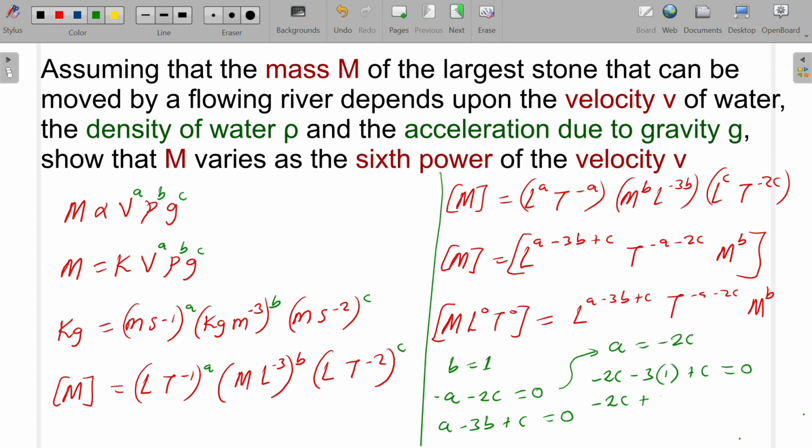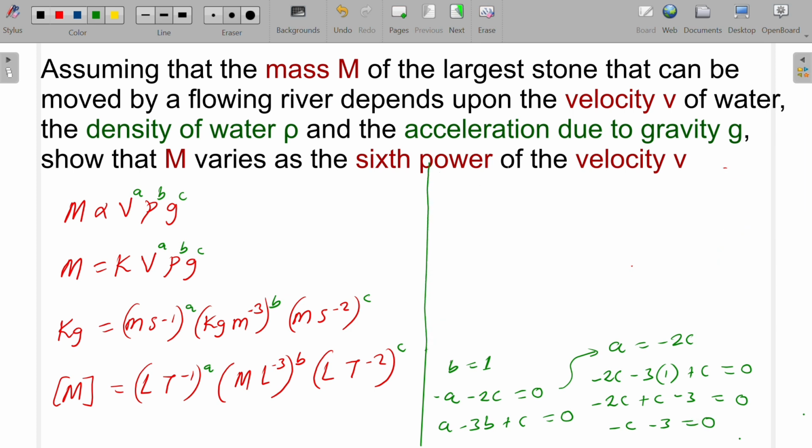Collecting like terms, we'll have minus 2c plus c, then minus 3 is equal to 0. Minus 2c plus c gives us minus c, then minus 3 is equal to 0.